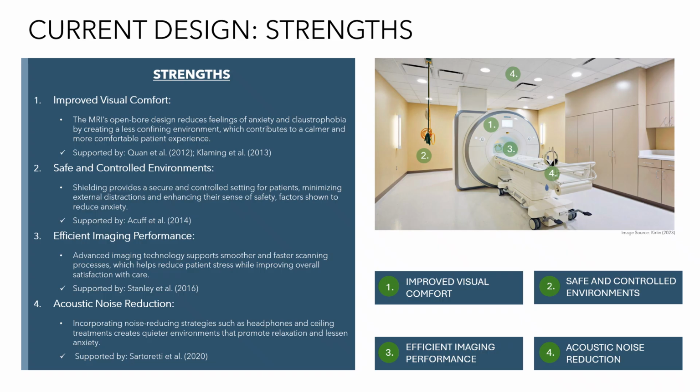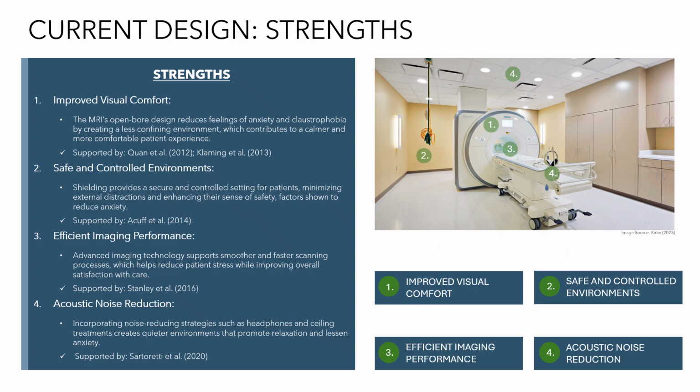The second strength is a safe and controlled environment. Shielding provides privacy and protection from external distractions, creating a secure space that promotes a sense of safety and helps lower anxiety. The third strength is efficient imaging performance. The advanced imaging technology in this room allows for smoother, faster scan times, which helps reduce patient stress while improving satisfaction with the overall experience of care.